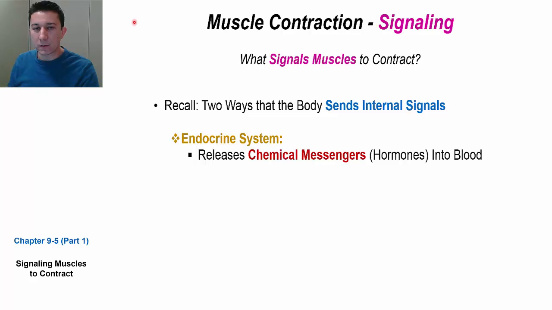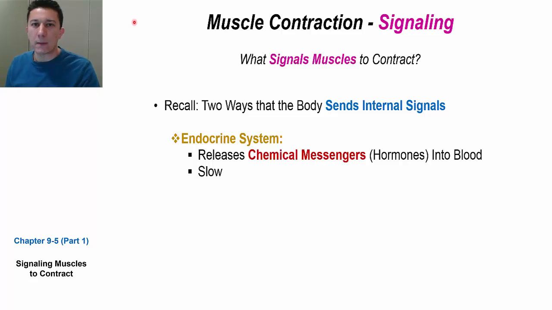Recall that the endocrine system is a series of glands associated with blood vessels, and they release chemical messengers that we call hormones into the blood. The general characteristic of the endocrine system is that this method of signaling is very slow.